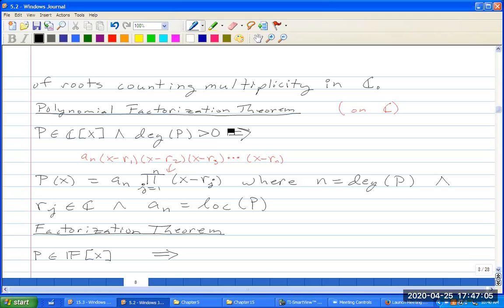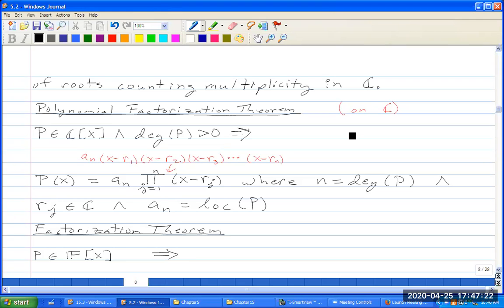Then P of x is equal to some number, a sub n, times the product from j equaling 1 to n of x minus r sub j.